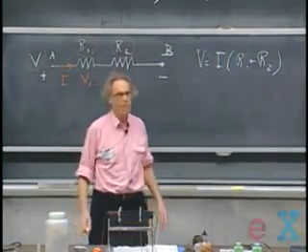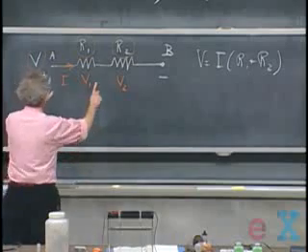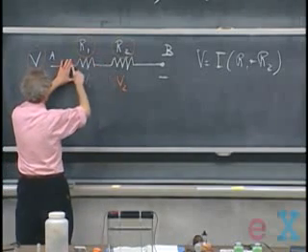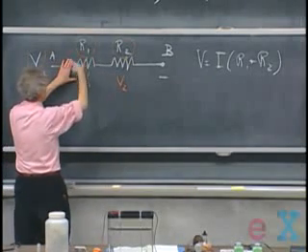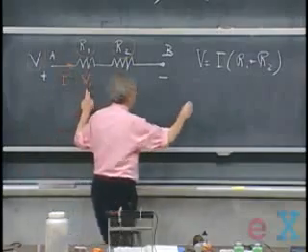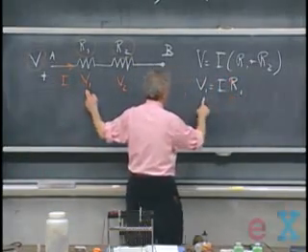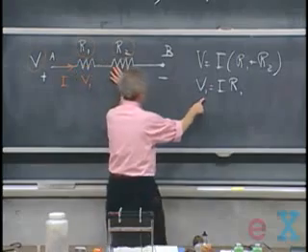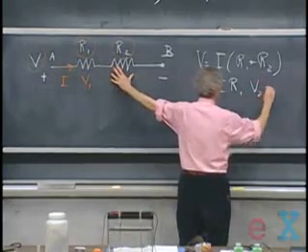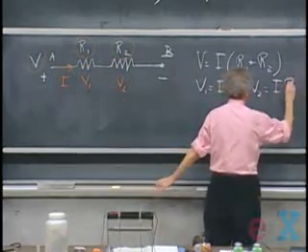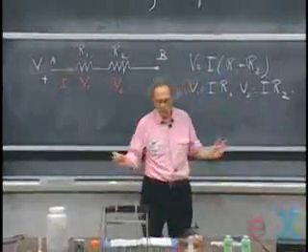Very simple. You can also apply Ohm's law, as long as it holds, for this resistor alone. So then you get that V1 equals I times R1. So now you have the voltage over this resistor. And of course V2 must be the current I times R2. And so you have solved your problem.